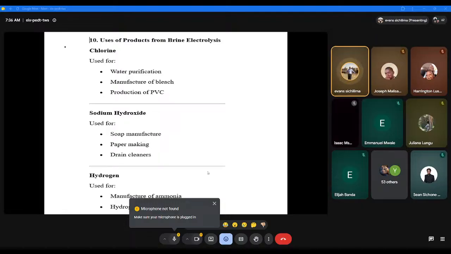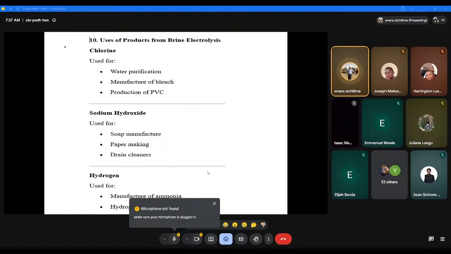Also, in the production of polyvinyl chloride, PVC, these are basically plastics, so you need chlorine in that industry. So now these uses that I talk about, they are uses at a very large scale.